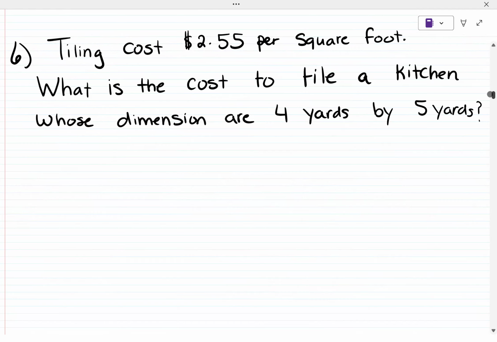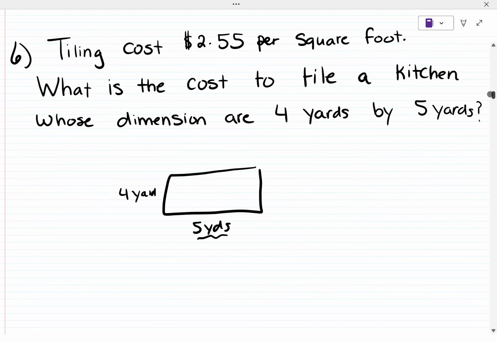So imagine you have this room, this dimension, and it's 5 yards by 4 yards, right? And it costs $2.55 per square foot. So the key is it's in square foot. So what we've got to do is convert everything to feet.